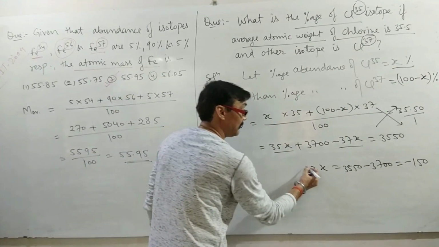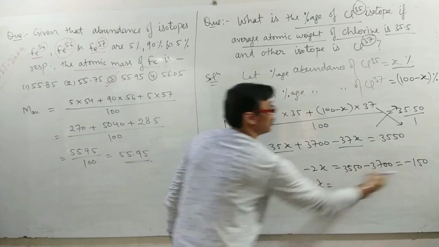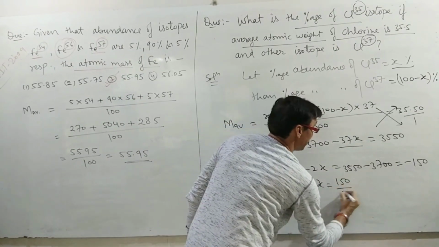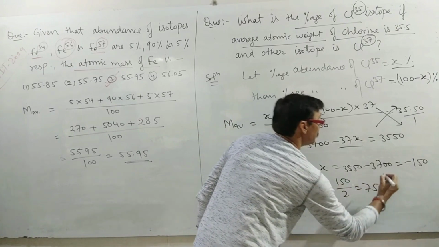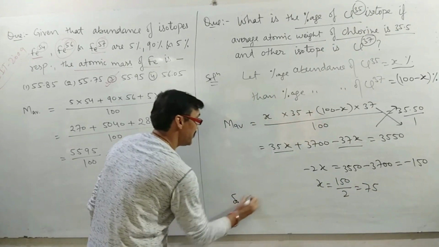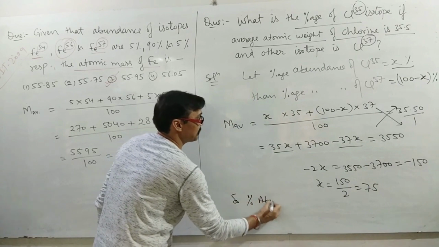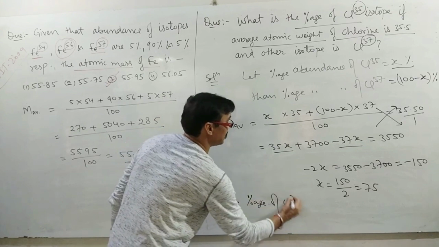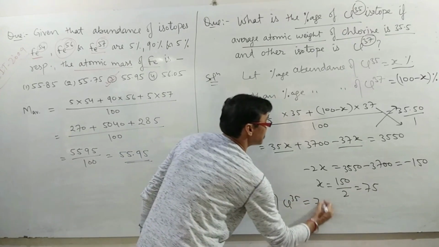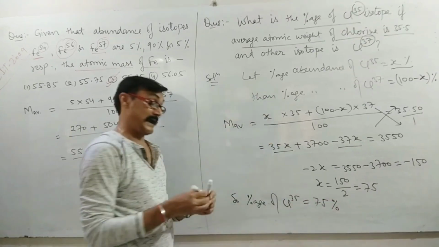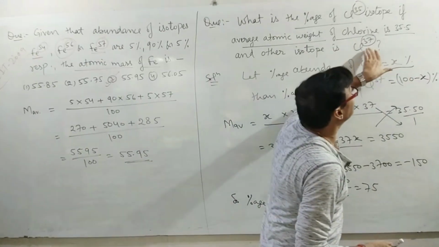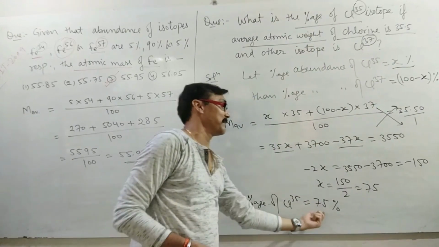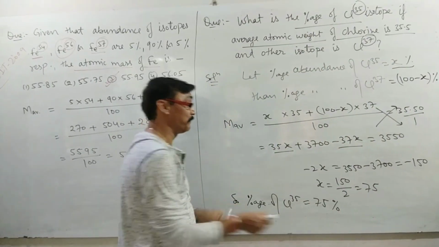So x will be equal to 150 divided by 2, that is 75. So the percentage abundance of chlorine 35 will be 75%, and the percentage of the Cl37 isotope will be 100 minus 75, that is 25%.